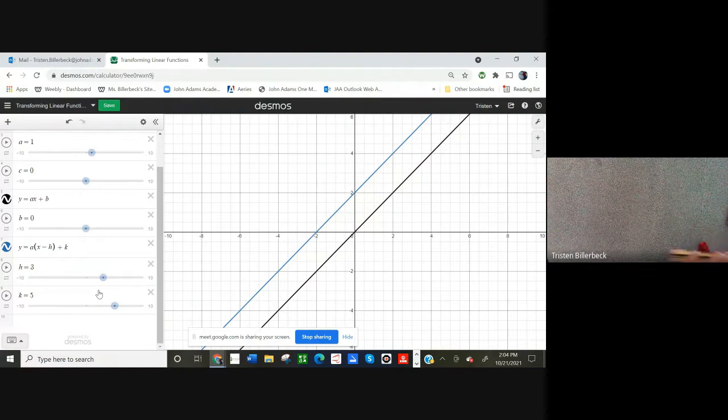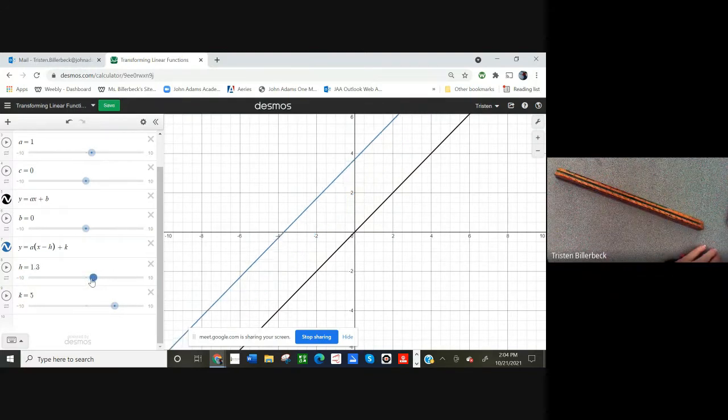So we put this back to 0. And the stretch is here. If you see A is greater than 1, it stretches.